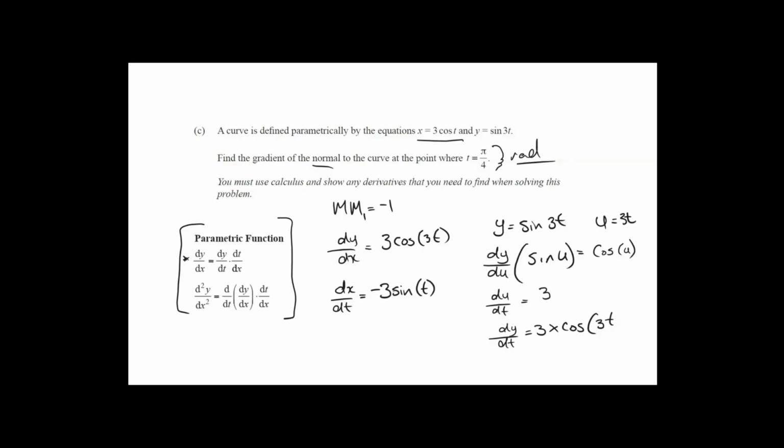But remember, it doesn't want dy/dx, it wants dx/dy. That's pretty easy to do. We just find the reciprocal, 1 over that.